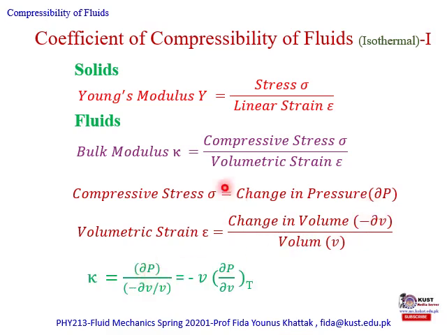If we denote this bulk modulus by kappa and use these definitions, we have the variation in pressure with the variation in volume per unit volume. Rearranging this equation, we have kappa is equal to minus V del P over del V at constant T, which is the temperature.